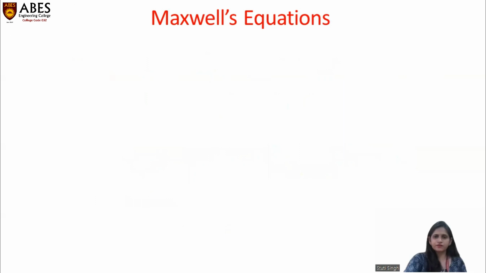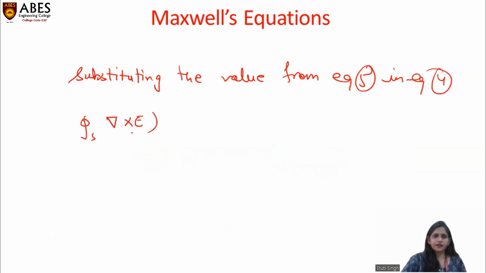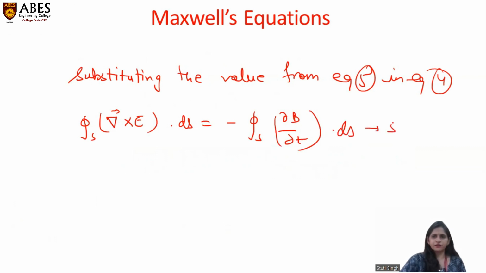So what do we get? We get surface integral curl E dot dS is equal to minus surface integral del B by del t dot dS. This is equation number 6.